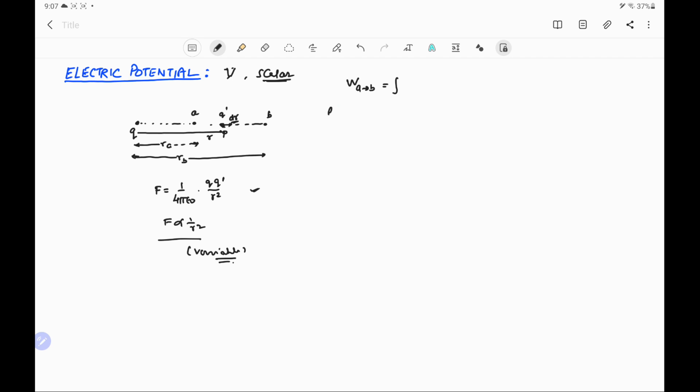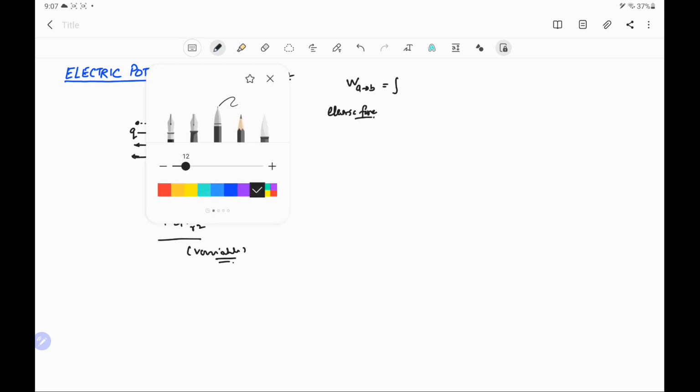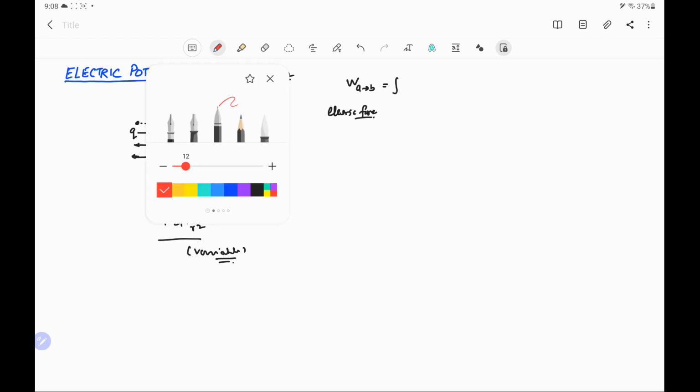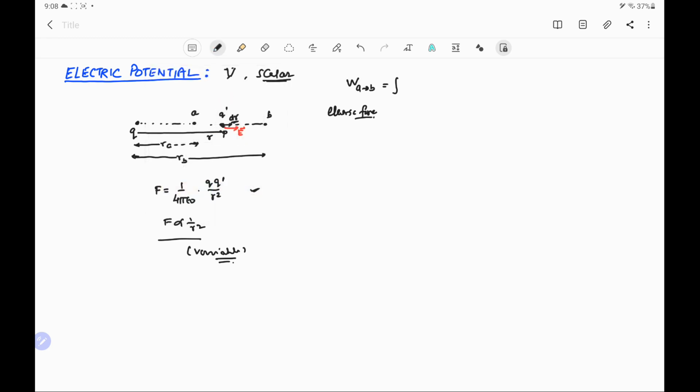The electric force will act in the direction away from Q, because we are treating the same polarity, therefore this is a repulsive force, and this electrical force is causing the displacement, and in this displacement the work done is W A to B.